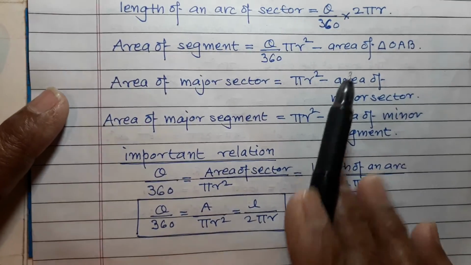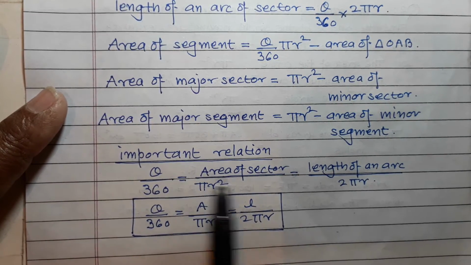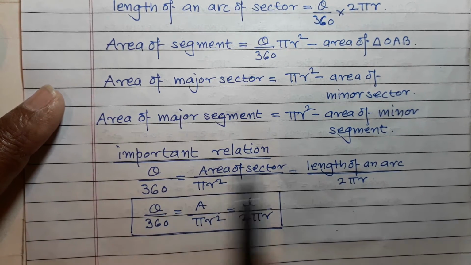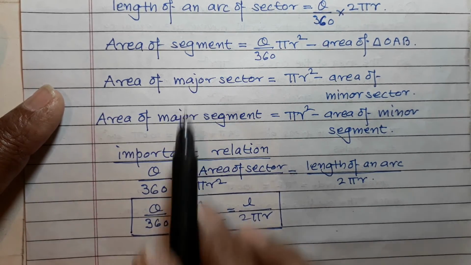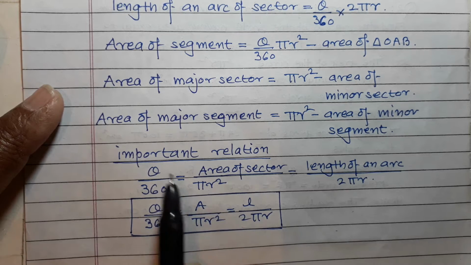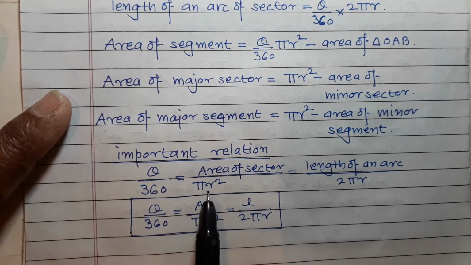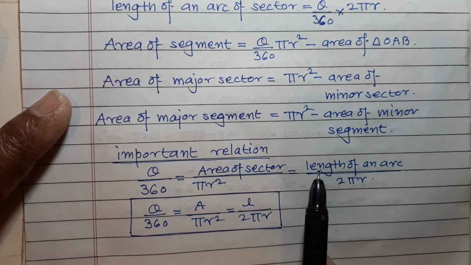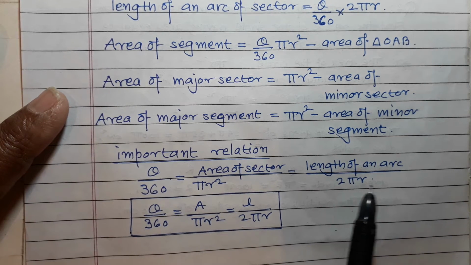Important relation between central angle, length of an arc, area of sector. This is a very important relation. If you remember this relation, then you can easily derive all these above formulas. Theta upon 360 is equal to area of sector upon area of circle is equal to length of an arc upon 2 pi r, that is circumference of circle.